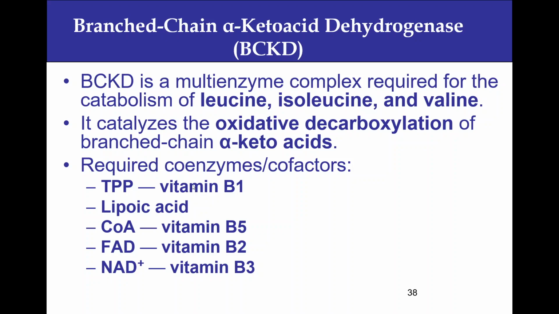And you should remember, so that you don't tell me this is in Mol 1: TPP is derived from thiamine or vitamin B1, lipoic acid is not derived from a vitamin, CoA is derived from B5, FAD is derived from B2, NAD is derived from B3.